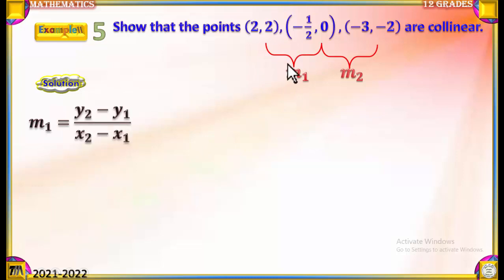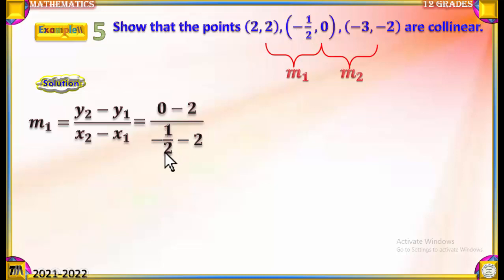M1 is equal to (y2 minus y1) over (x2 minus x1), which equals (0 minus 2) over (minus 1/2 minus 2).